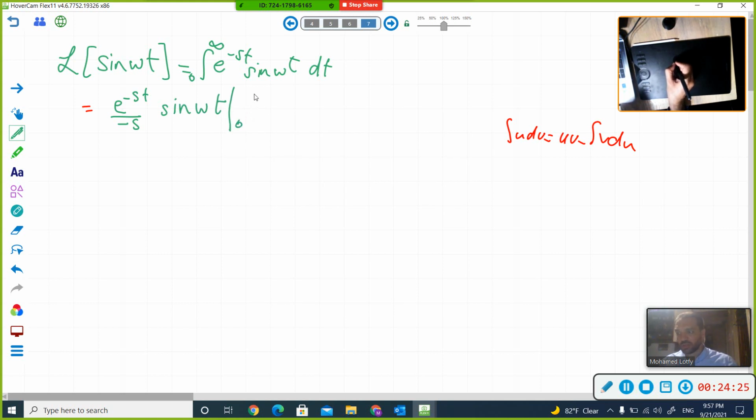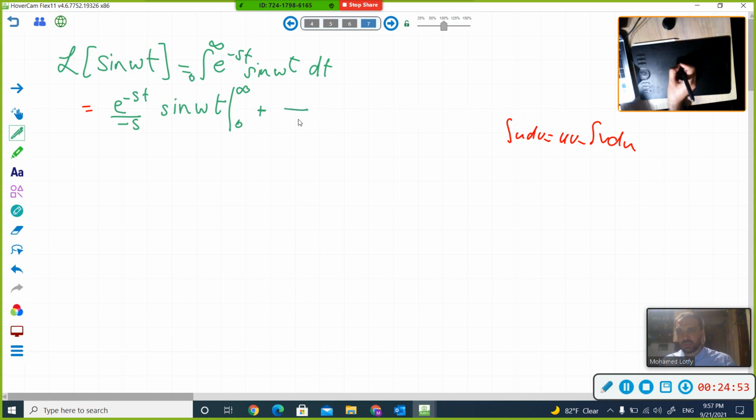Don't forget the limits, and don't forget that this integration is with respect to time. The limits replace each t in this expression. Then minus the integration of v du. The first one will be put as is, and we have another negative here, so this will be plus.